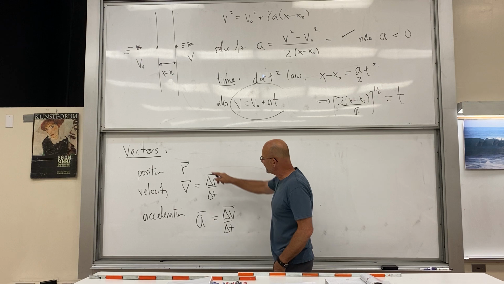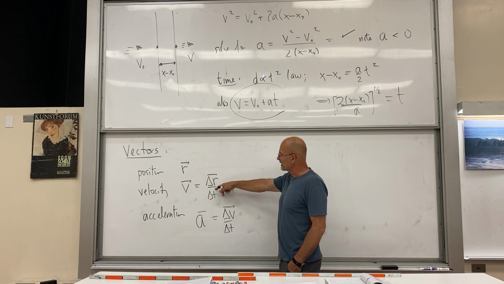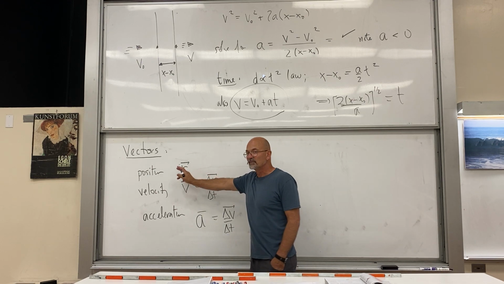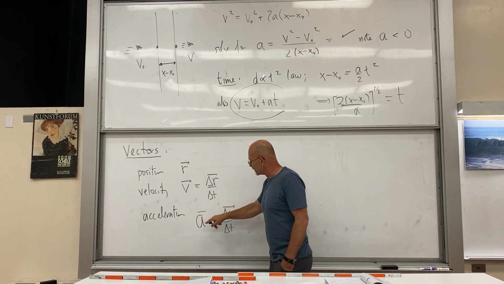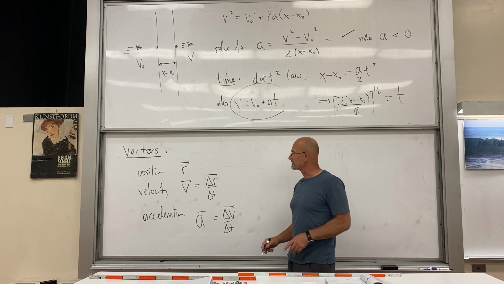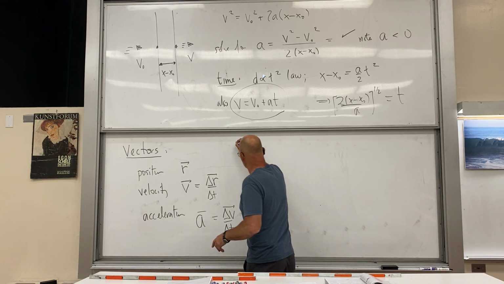So it follows, if position's a vector, then velocity and displacement actually belongs here in this list as well. Position, displacement, velocity, acceleration. They're all vectors. So we definitely have to know how to work with them.